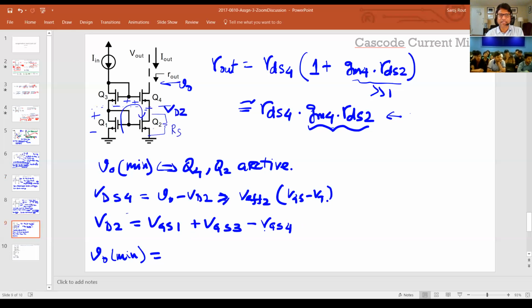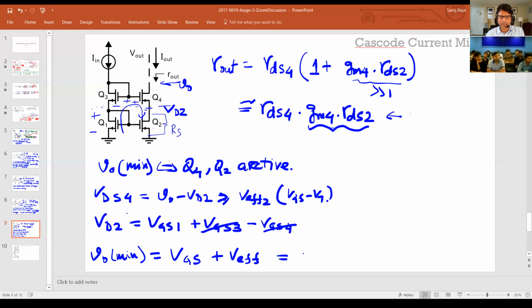Because they're all sized the same. The output current mirrors exactly the input current. The V effectives of each one of them are the same. Let's say there is no mismatch. So in other words, these two will cancel. And let's say VGS1 equals some VGS voltage. So this is VGS plus, and all the V effectives are the same, so I'm just going to write it as V effective, right?